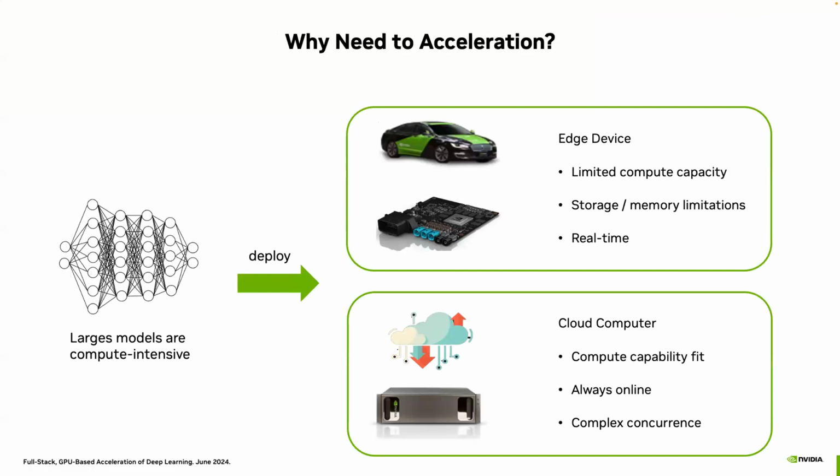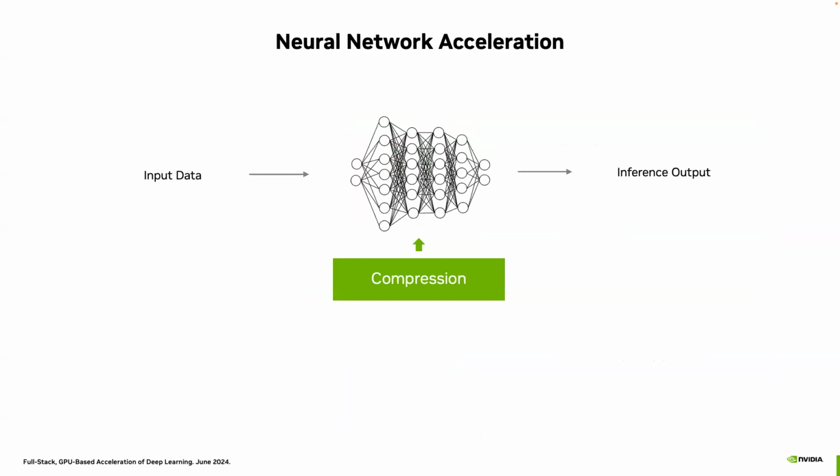And even in the cloud, when there is a large amount of compute capacity, you still want it to be faster because of the complex concurrency. You want to make sure that your service is always online for more users. So to deploy this kind of model and make it efficient, we need model compression here.